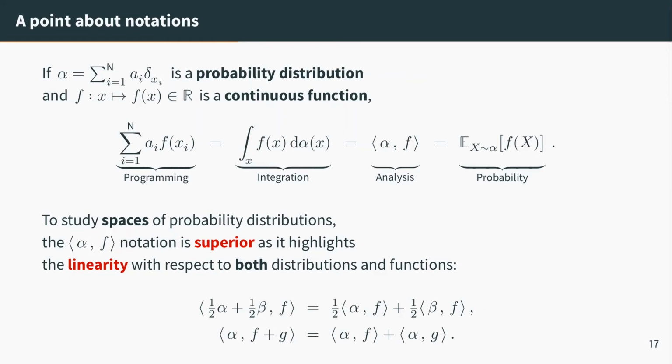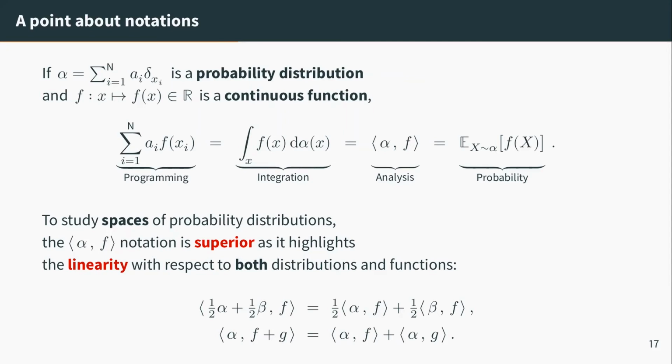They are the row vectors that correspond to functions. Okay, if functions are columns, measures are rows. Okay, and so the most important thing that you can do when you have a row and a column vector is to take their dot product. And so in functional analysis, we just say that the integration is a dot product between alpha and f. So it's a very compact notation.